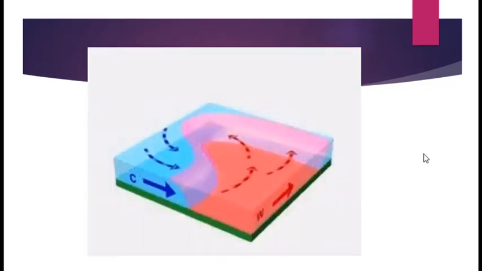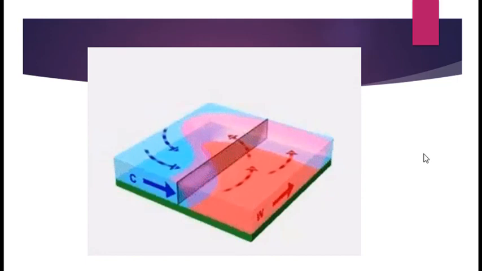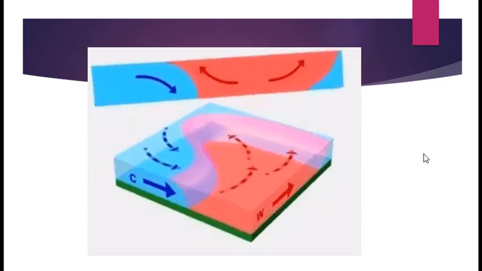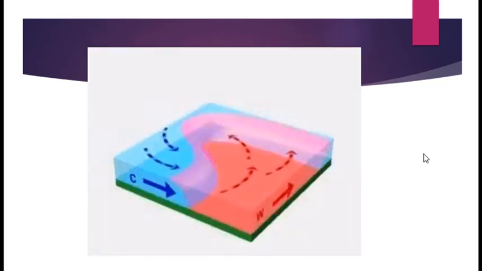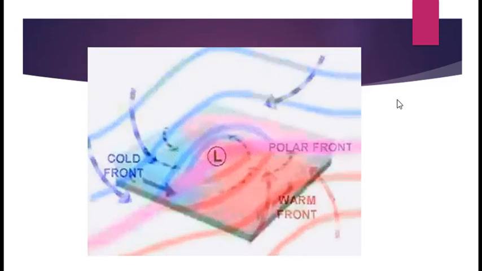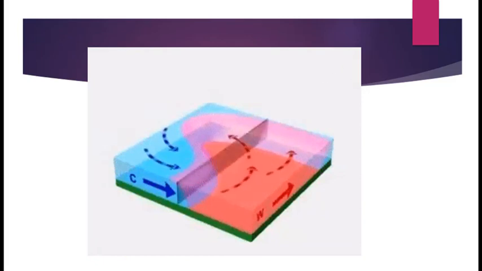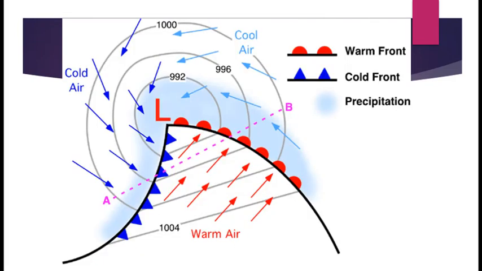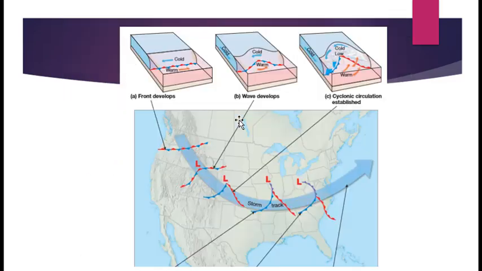Okay, now I want you to look at this animation. You can see here that it involves the formation of a cold front and then a warm front. So let's take a look at the different stages. Based on the symbols here, you have a cold front here and then a warm front here. This is the initial stage, wherein the front initially develops.